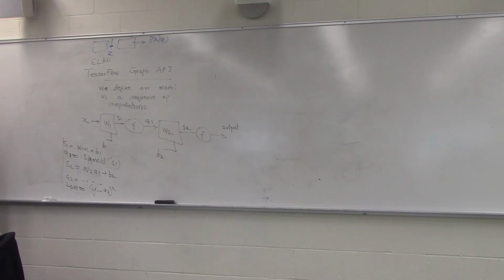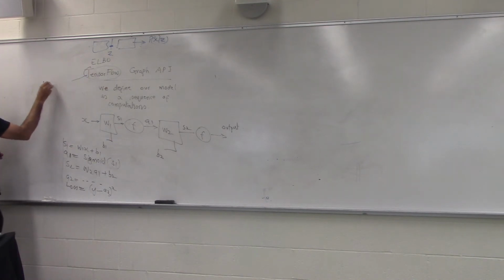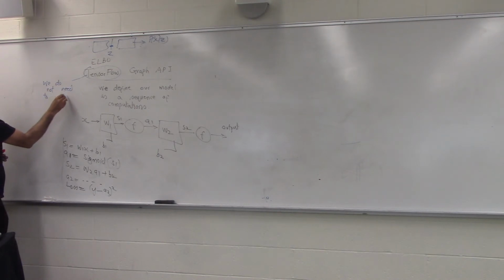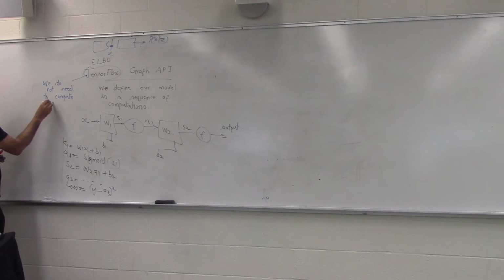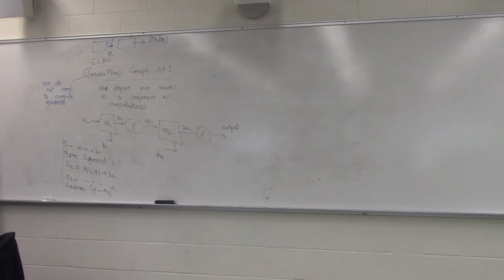But here's the beauty of it. In TensorFlow, we do not need to compute gradients. So the code that updates the weights, that creates the partial derivatives, is done automatically for us.